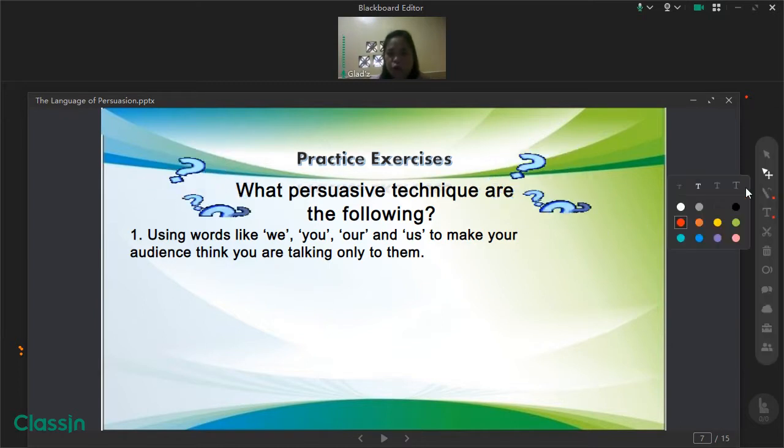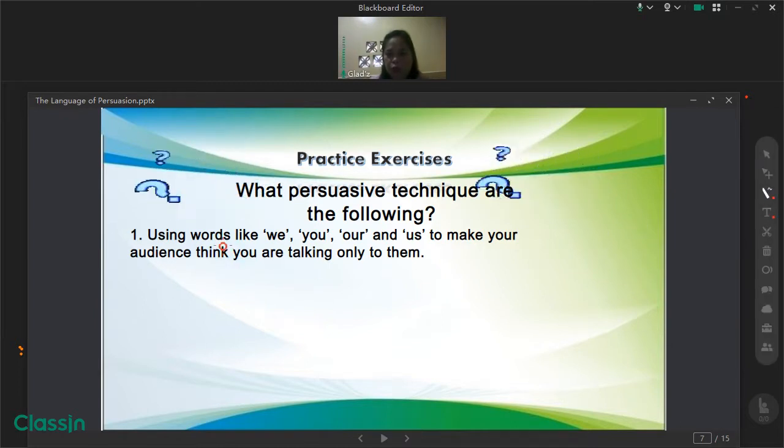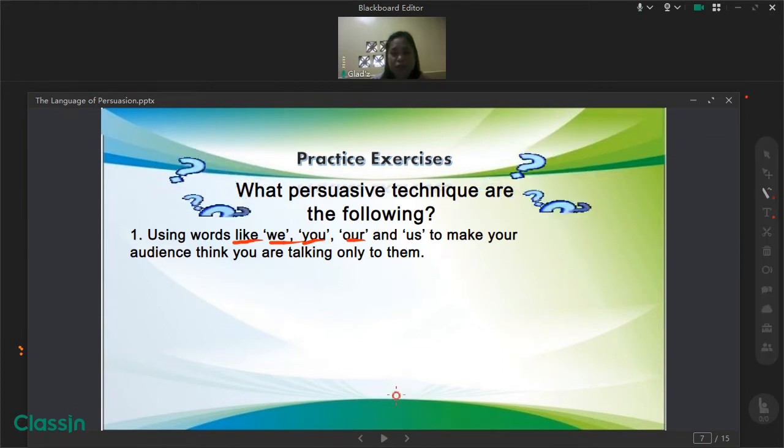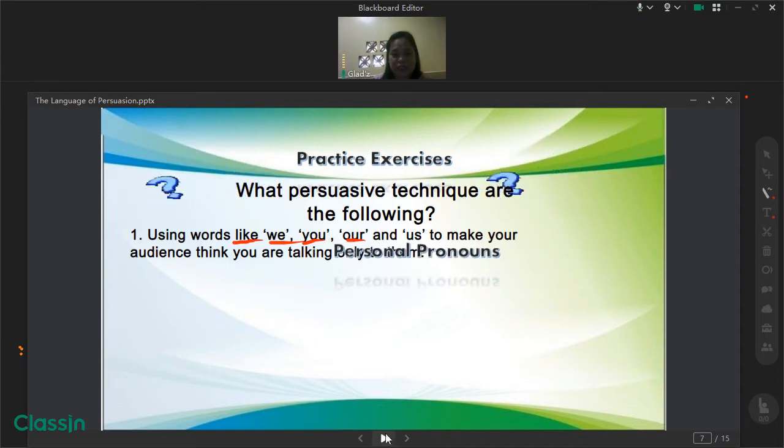So you better take note of the use of the we, the you, and then the are. Okay, so this is what? The correct answer is personal pronouns. The persuasive language technique used here is personal pronouns.